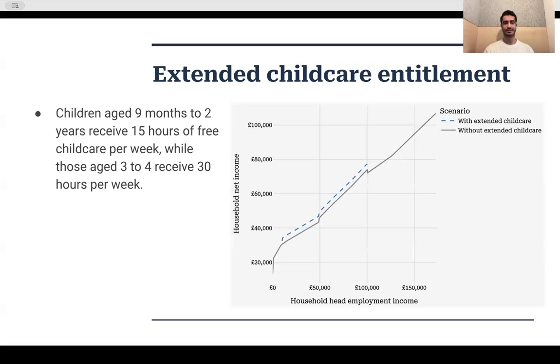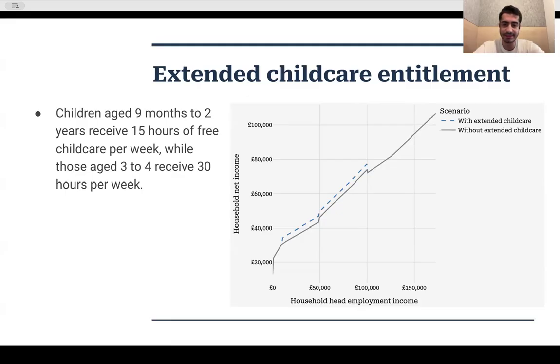The second program is the Extended Childcare Entitlement. This program is for children aged 9 months to 2 years old. They receive 15 hours of free childcare per week, while those aged 3 to 4 receive 30 hours per week.